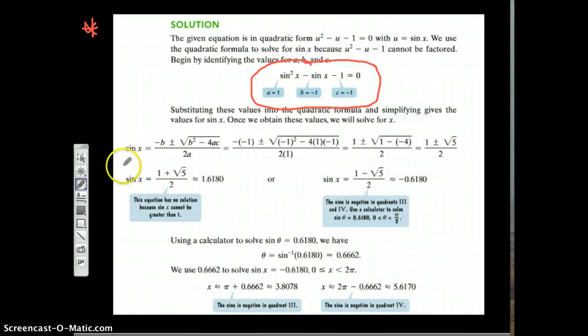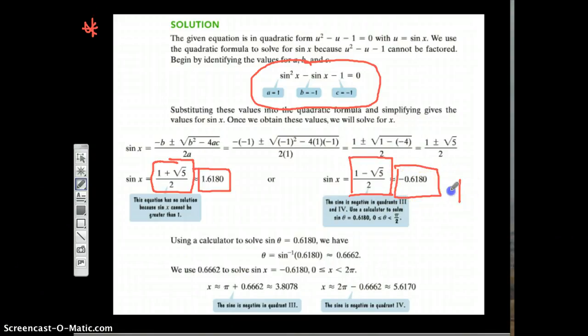So I use my quadratic formula, and I get that value, which is equivalent to 1.6. Remember, sine can't be over 1, so that wouldn't work. And then here I have my other possible value of sine, and that can work. And remember, that's in radians, and sine is negative here and here. And so I work my magic here, and I get this number, and then I get this number. Okay, so that's kind of interesting.